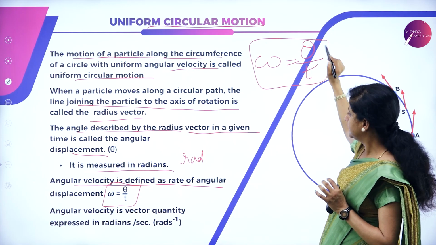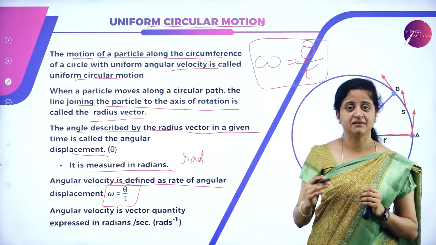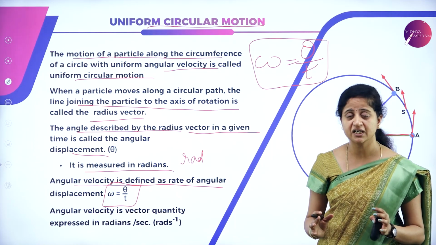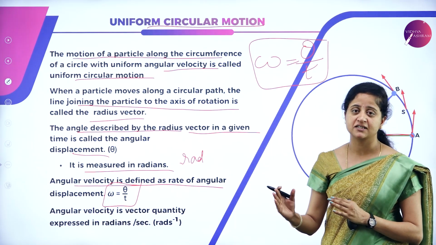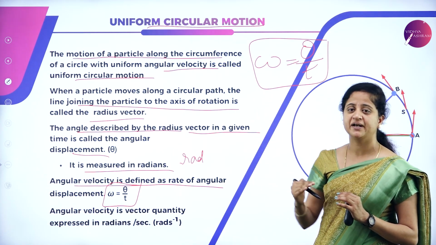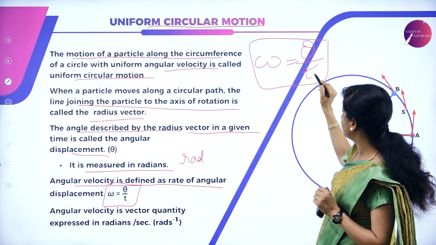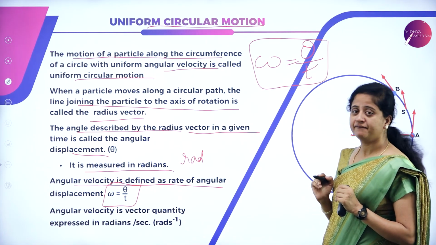What is theta? Theta is angular displacement. We know displacement divided by time is velocity. Here we are defining angular velocity, so angular velocity is equal to angular displacement divided by time.